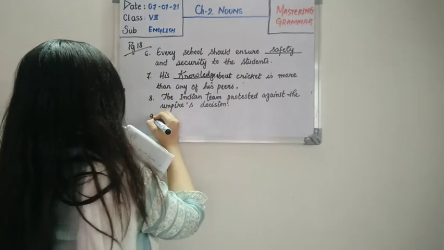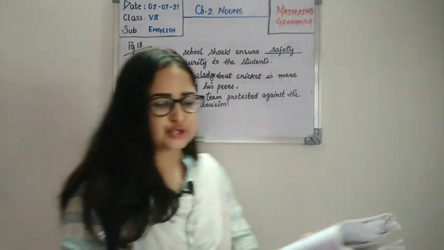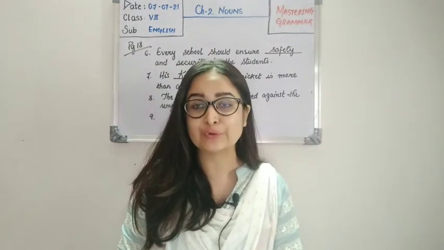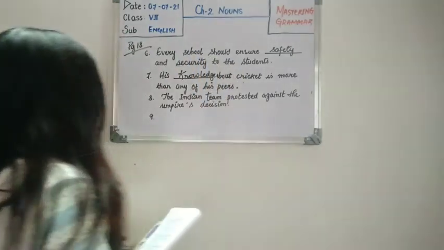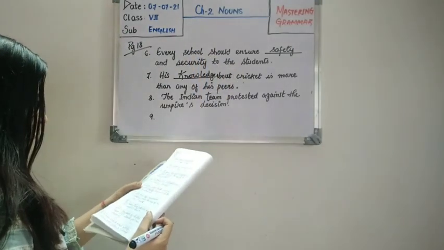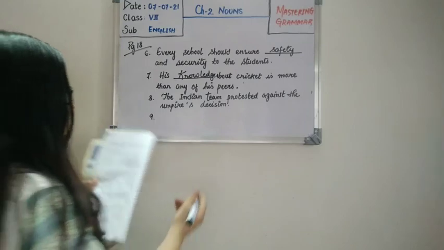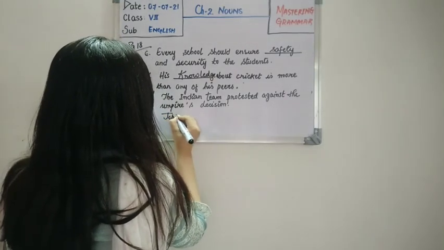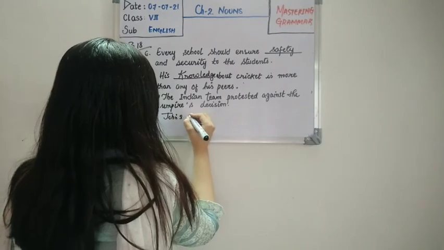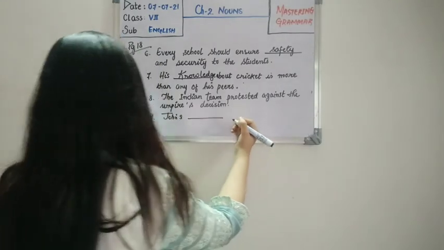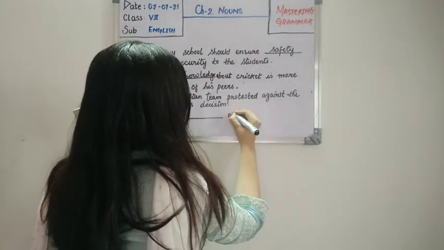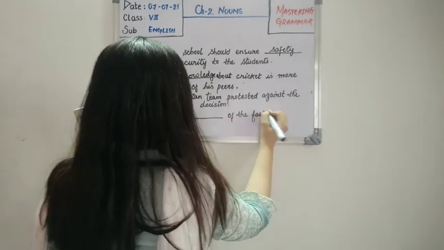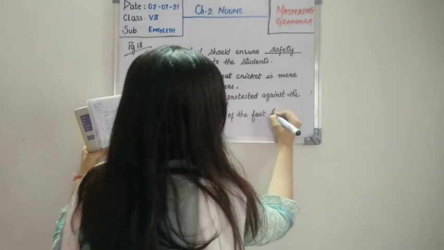Now number 9. John dash of the facts helped his friends fool him. Now the word we have to change is ignorant, that is an adjective.